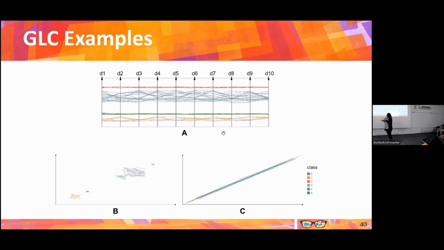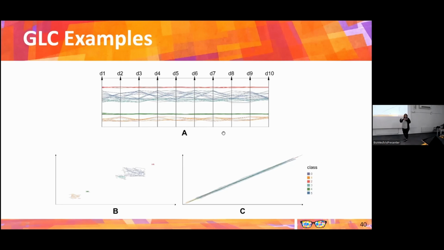But here we have another GLC representation called collocated pair coordinates. In this case, the same data set is represented in a completely different way, and we can see these clusters completely separated. And here we have another GLC coordinate called shift pair coordinates.